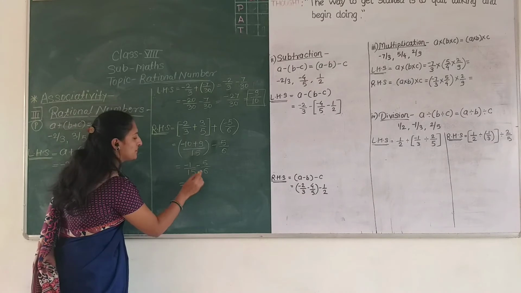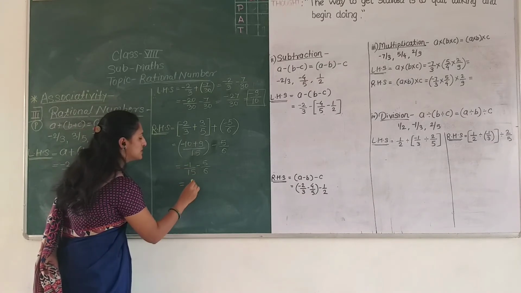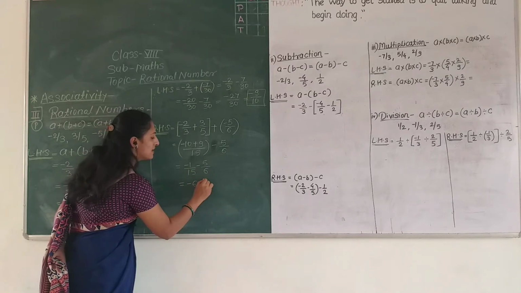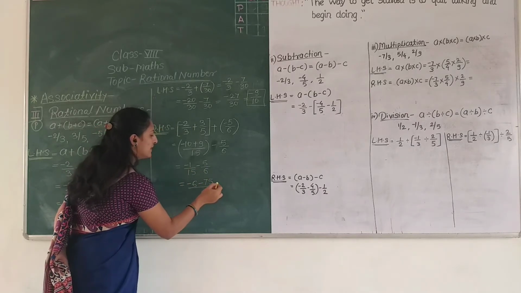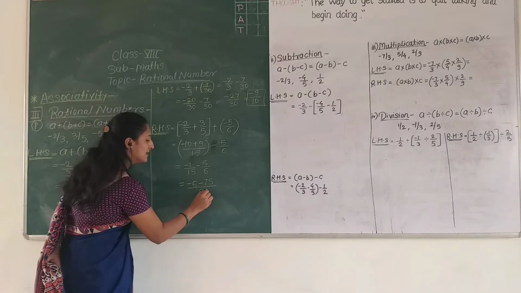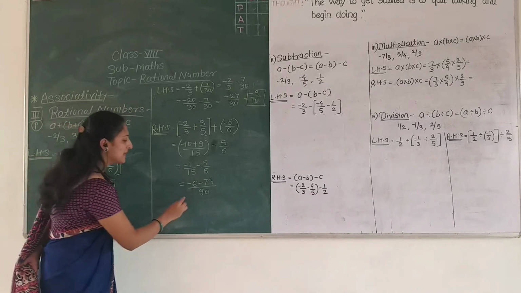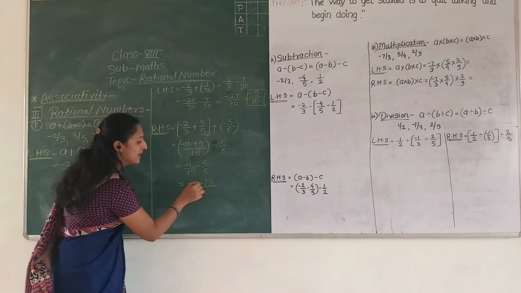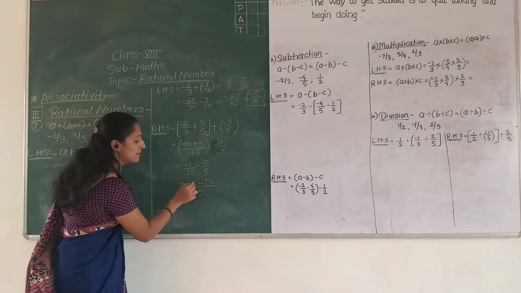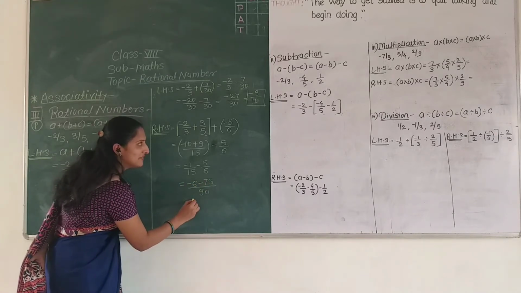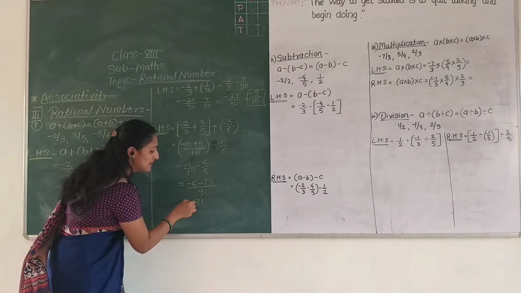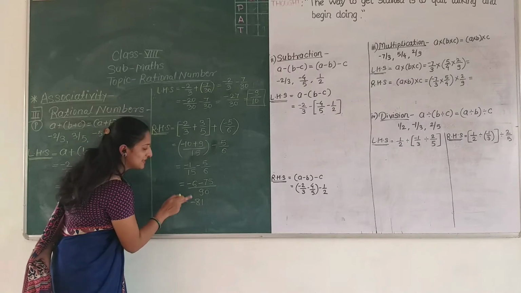So here negative 1 into 6, negative 6, minus 15 fives are 75, divided by 15 sixes are 90. Right? Now negative 6 minus 75. Now the signs are the same. So take addition. 75 plus 6, that is 81. Right? 75 plus 6 is 81. And the same sign for the answer, that is negative.